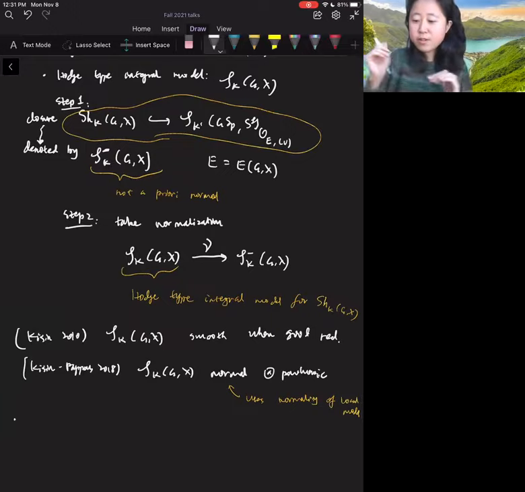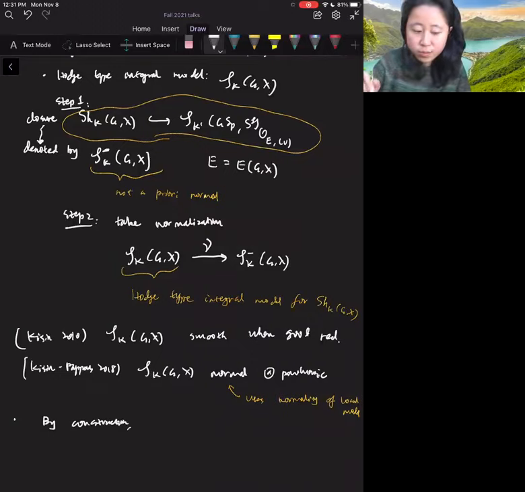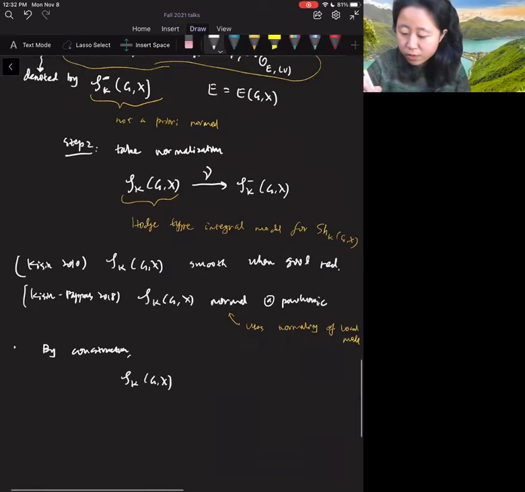So now let's go back to the definition of this Hodge-type integral model. By this construction, you can see that we have a morphism, at least. There's a morphism from the Hodge-type integral model to the Siegel integral model.